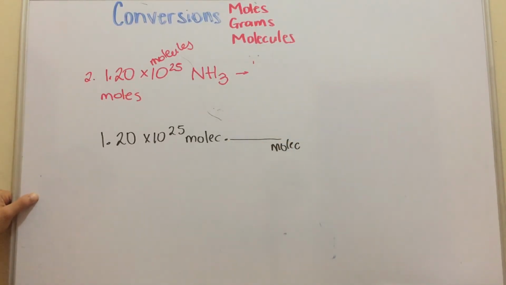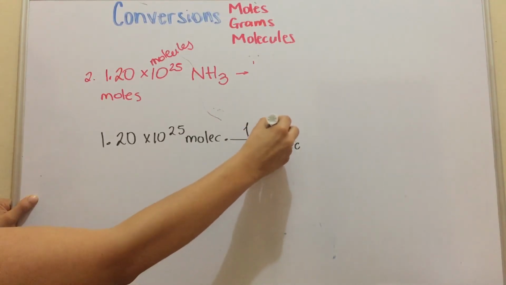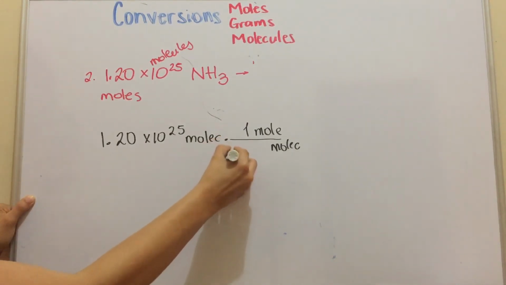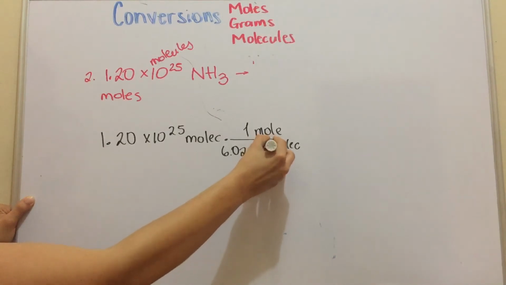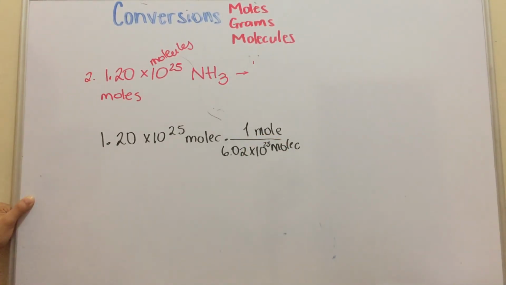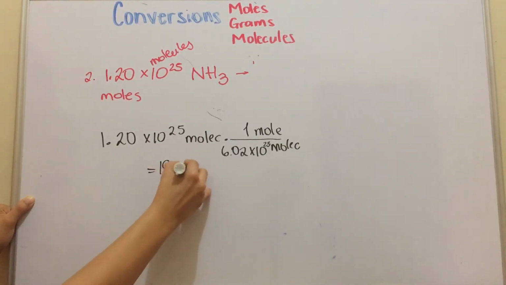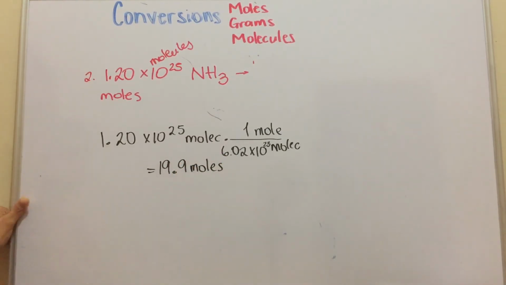Alright, so in here, we know that 1 mole is equal to Avogadro's constant, which is the number of molecules. So I just need to place Avogadro's constant, which is 6.02 times 10 to the 23rd power. You divide that using your scientific calculator, and you're going to get an answer of 19.9 moles of ammonia.